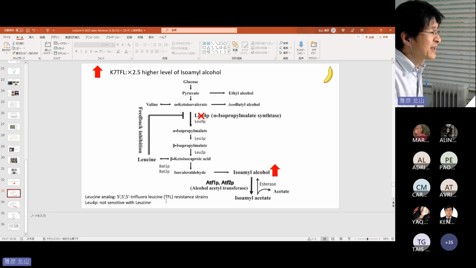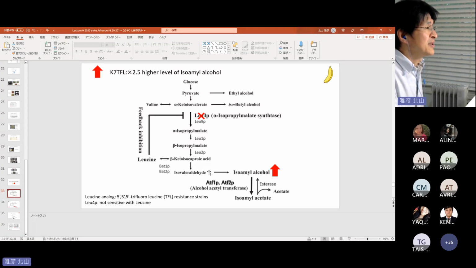If we have a resistant mutant against this leucine analog, it means leucine or TFL cannot bind or cannot inhibit the enzyme activity of alpha-isopropyl malate synthase. So it means the cell will make more isoamyl alcohol. So this is the first step people try to isolate.